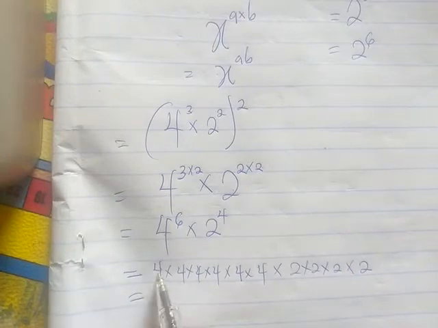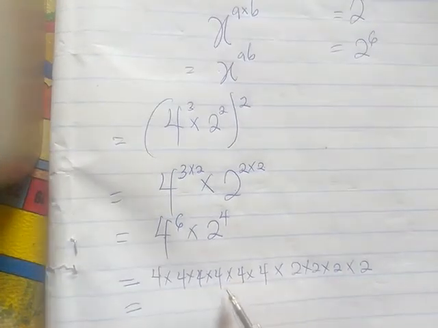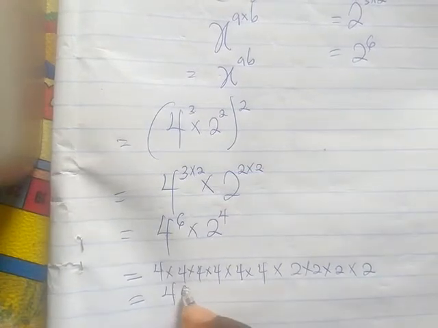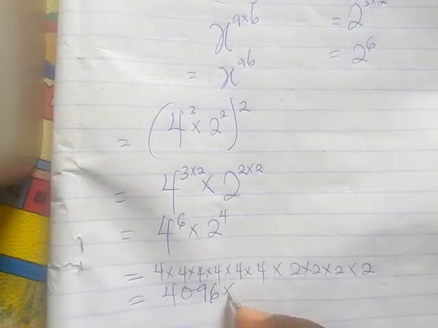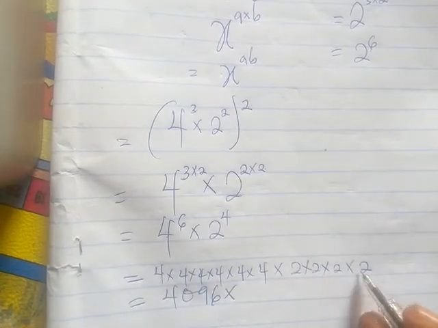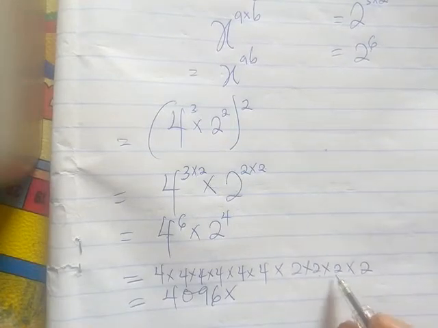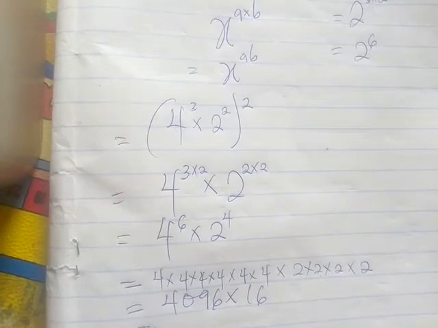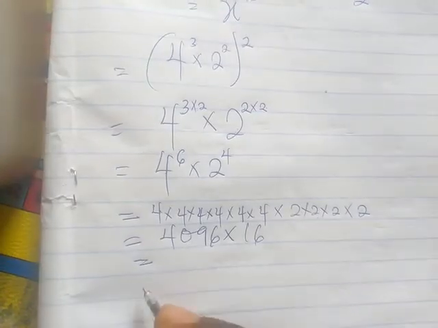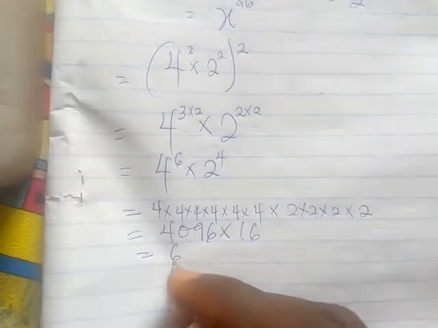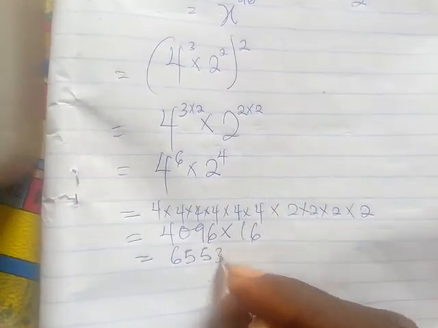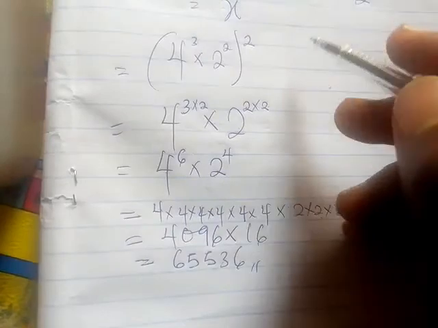If you use a calculator, you will get 4096 multiplied by 2 times 2 times 2 times 2, which is 16. So when you multiply this together, you're going to have 65,536. So that's the final answer to this question.